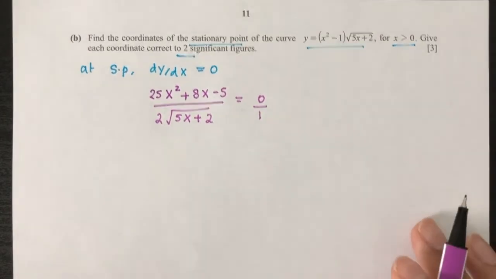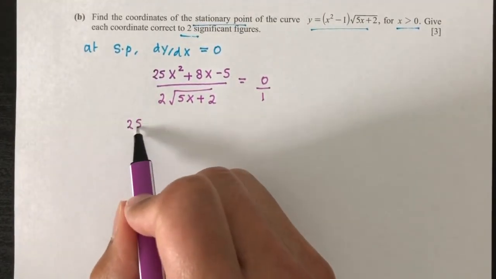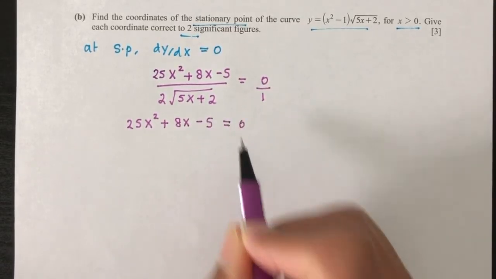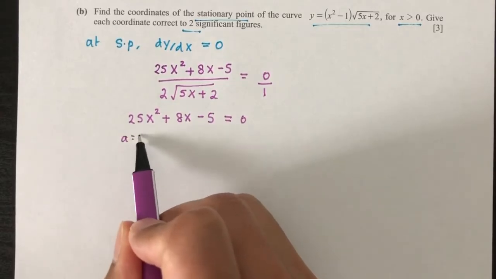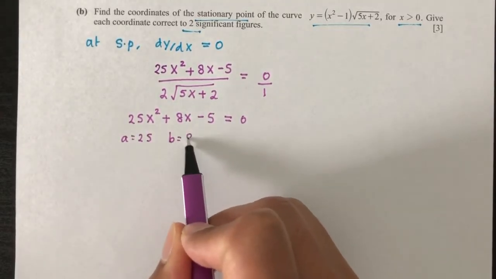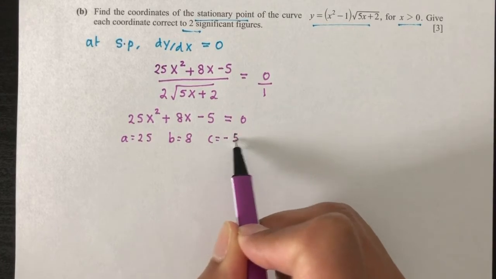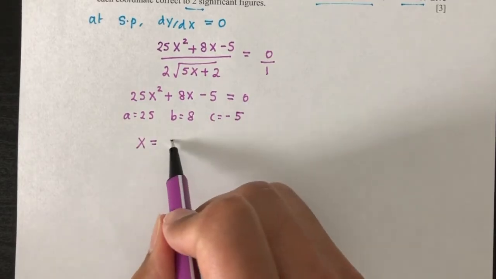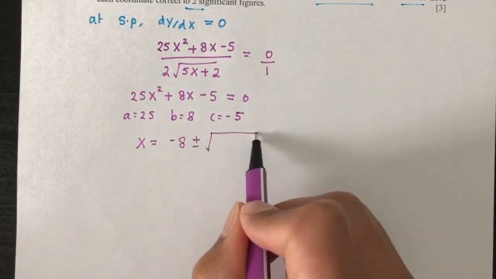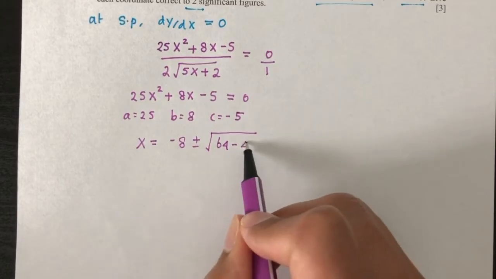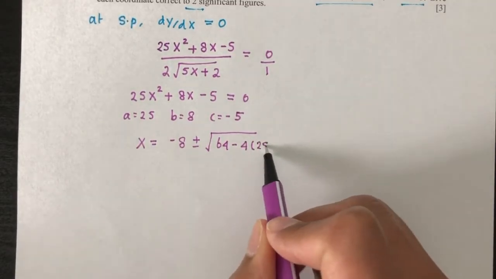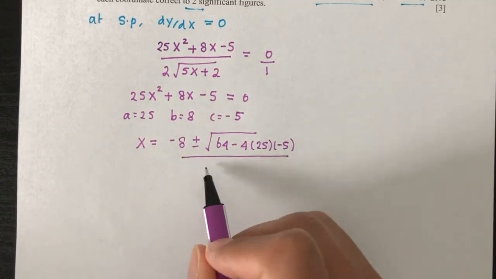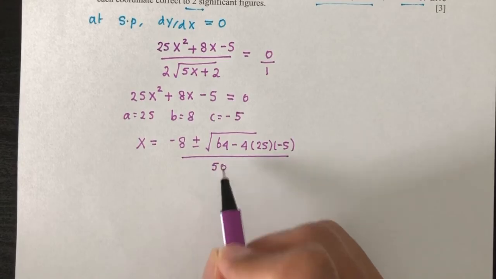So first step is to cross multiply. You will have 25x squared plus 8x minus 5 equal to 0. So we have a equal to 25, b equal to 8, and c equal to minus 5. So x will be, using the formula, minus 8 plus or minus the root of b squared, which will be 64, minus 4 times a times c, which is 25 times c, divided by 2a. 2a will be equal to 50.